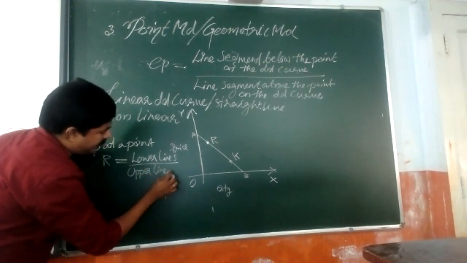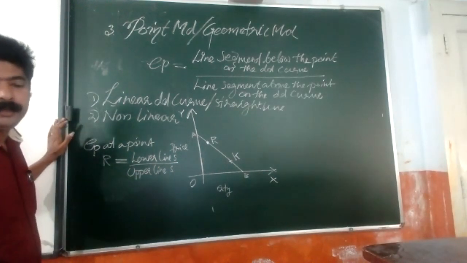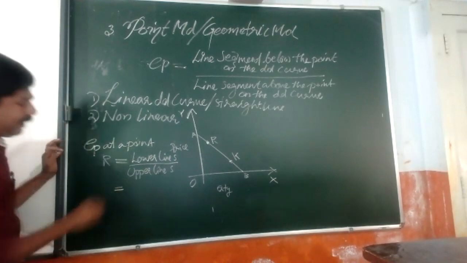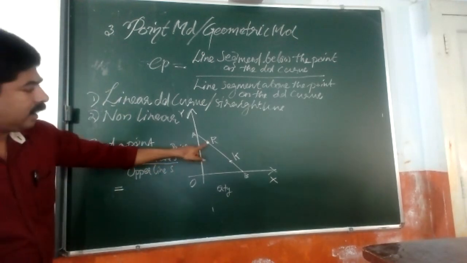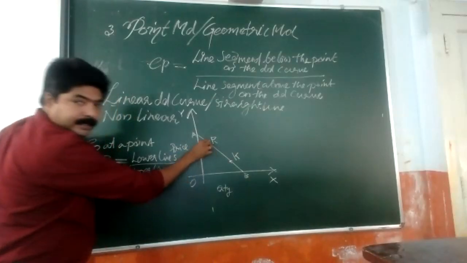One is the lower line and another one is the upper line segment. We have written the formula. Now, symbolically we can write at a point R. What is the lower line segment? Look at the diagram.